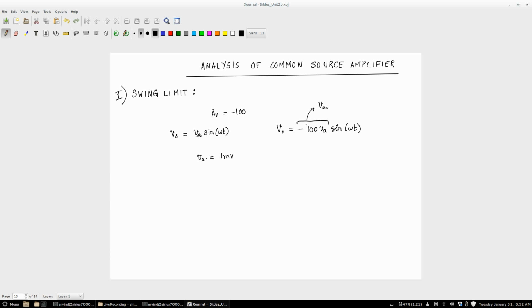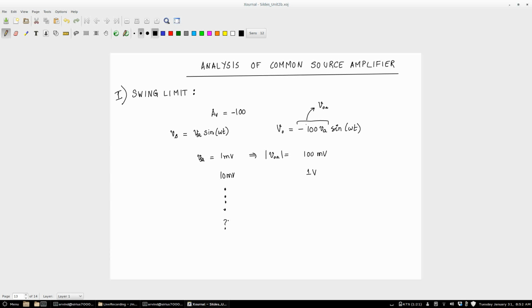Right? Now suppose my Va was say 1 millivolt. Let me call that quantity, amplitude of VO, VOA, and the amplitude of VS, VSA. So what would magnitude of VOA be?